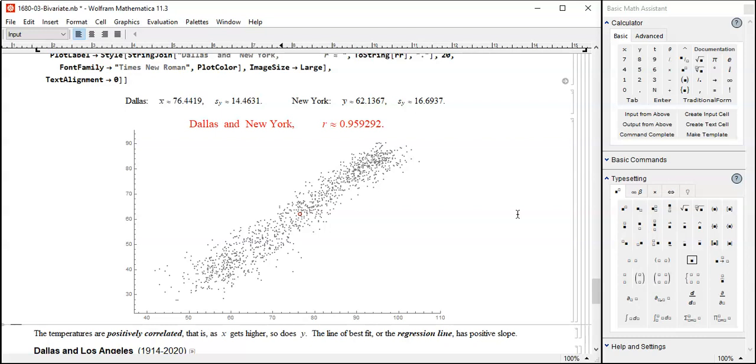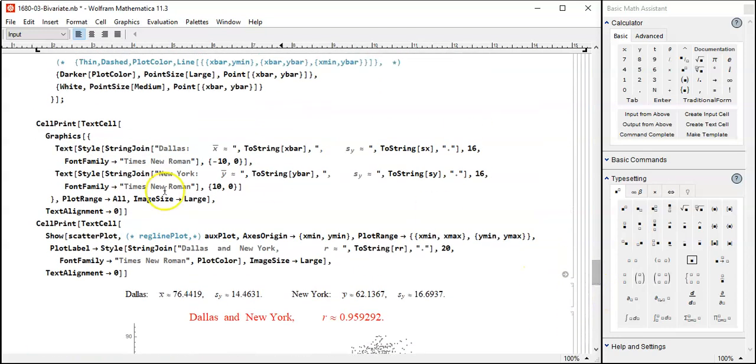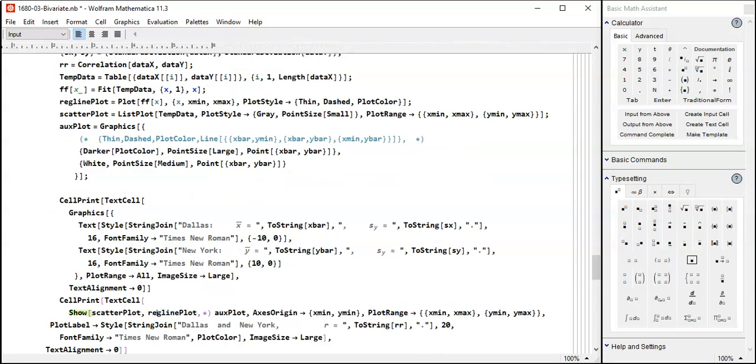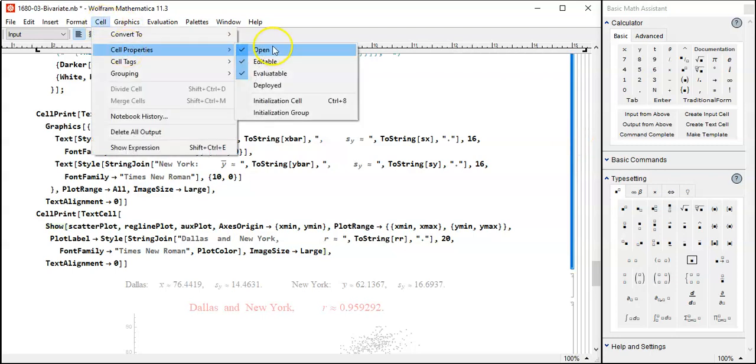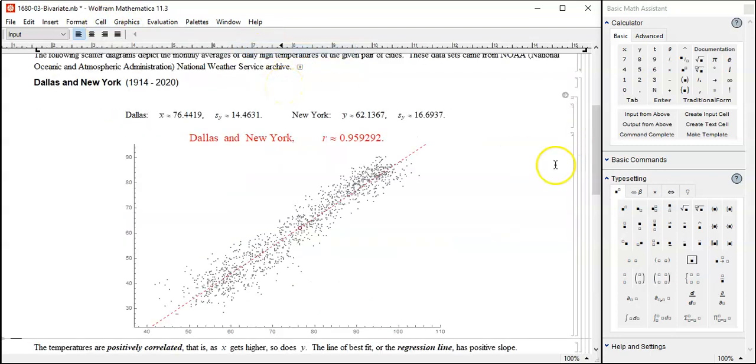The dots are packed along a certain line, which is kind of going like this. Let's bring back the line. There you go.